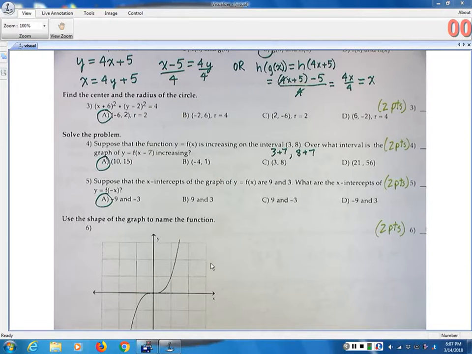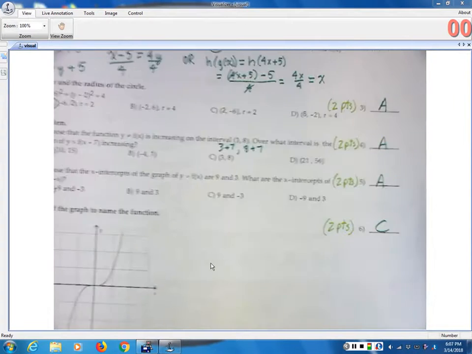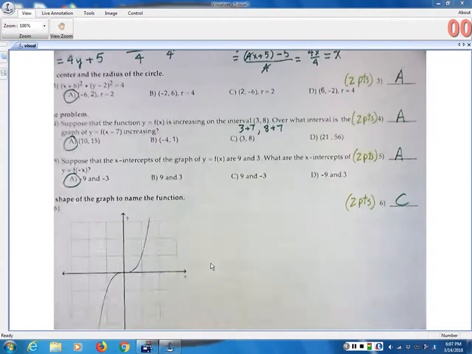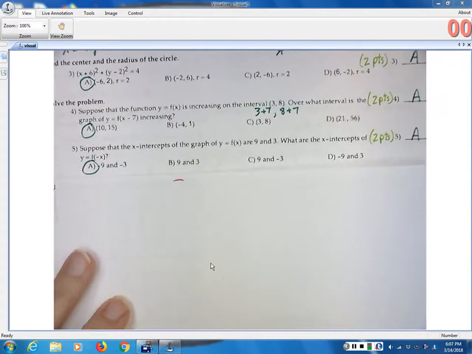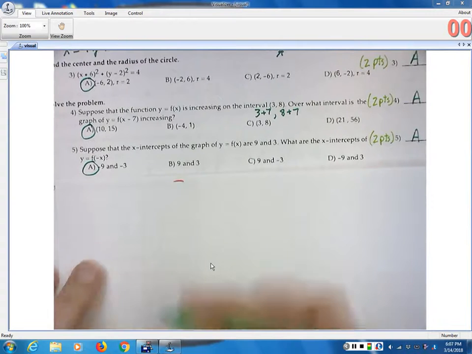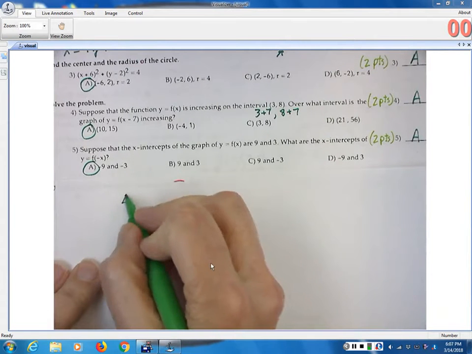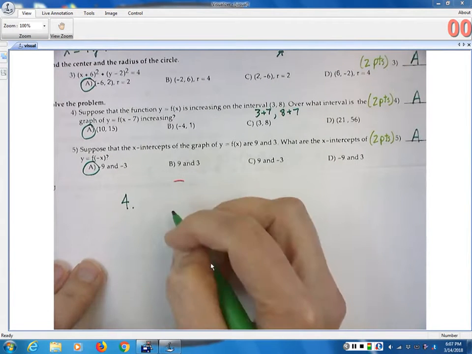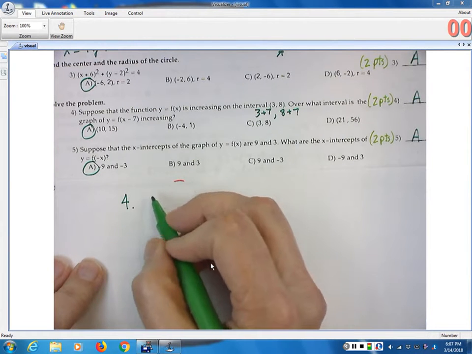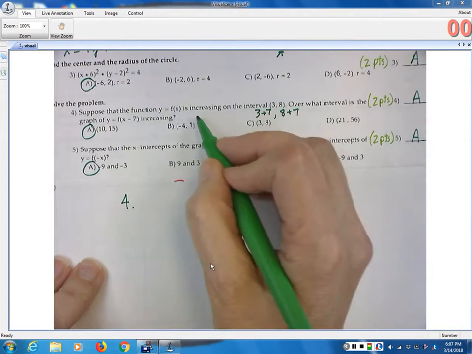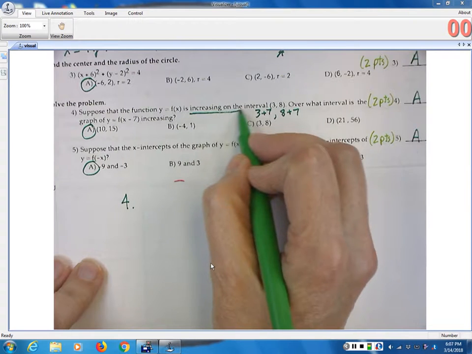But all right, I can answer some questions, and most everybody missed problem 4. It was kind of tricky. Problem 4 was a concept question about horizontal shifting, and also about understanding increasing on an interval.